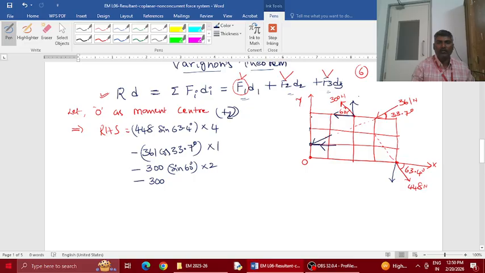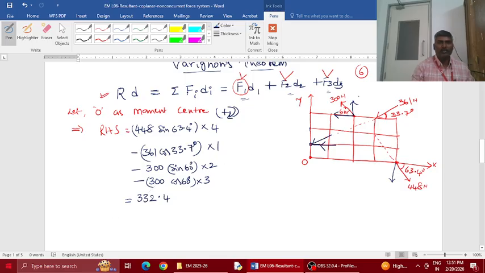The horizontal component has perpendicular distance 3 meters, cos 60 into 3. So this is the total moment of the forces, which works out to 332.4. This is the right hand side.